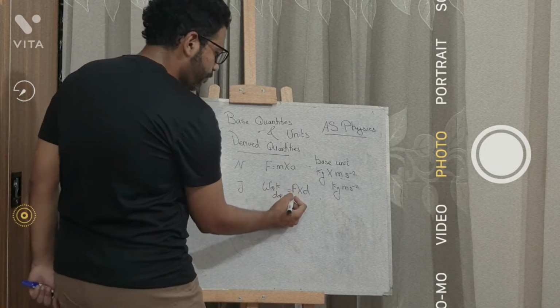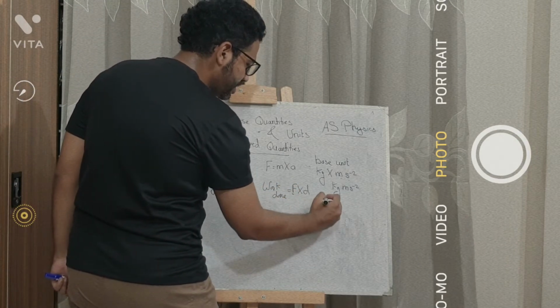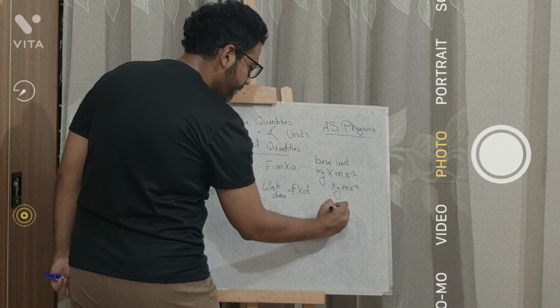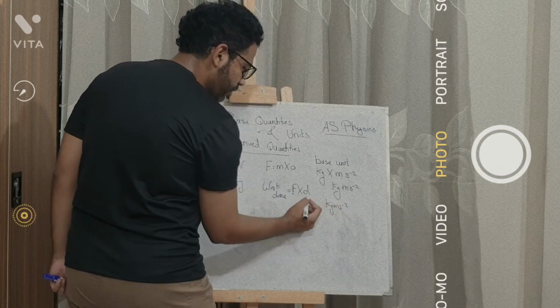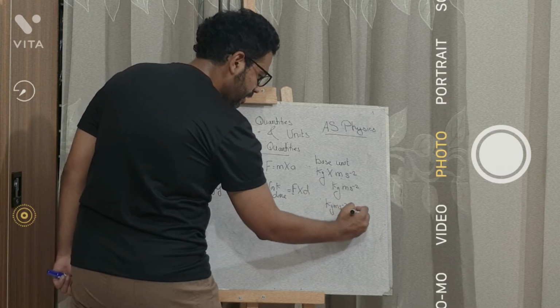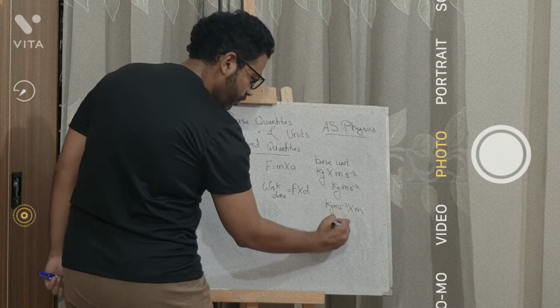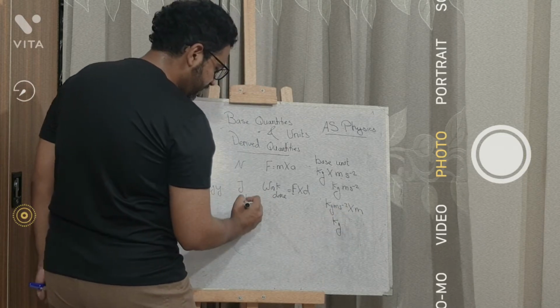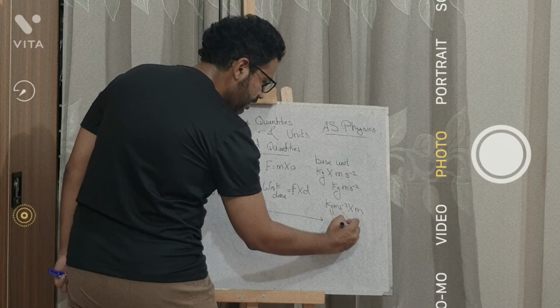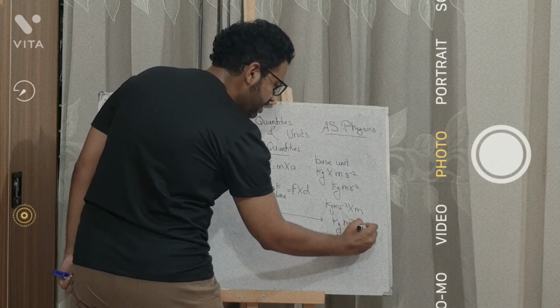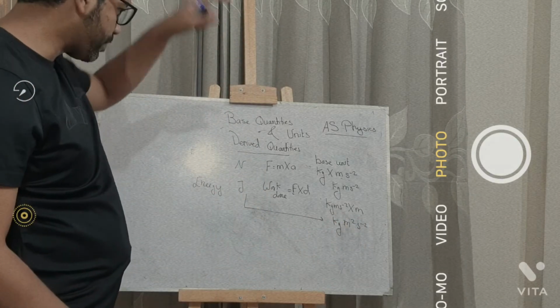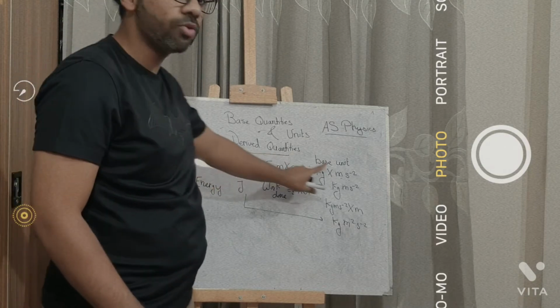So for force, the base unit we have already found is kg meters per second square. And for distance, you multiply another meter. So for work done or energy, the joule is written as kg meters square per second square, right? So this is how we break down the derived units into base units.